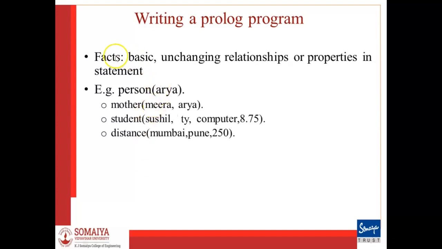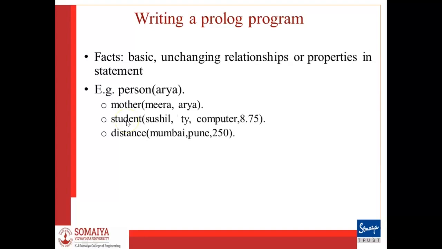To define, a fact is a basic unchanging relationship or property which is expressed in the statement. So Arya is a person is a fact. Meera is Arya's mother is a fact. Or here is an example wherein we can see there are more than one argument in the statement expressing information about a student.